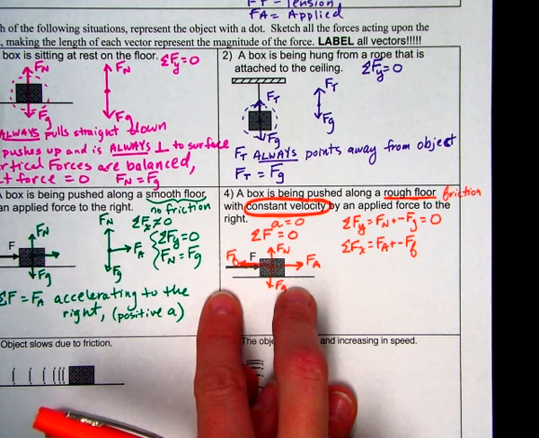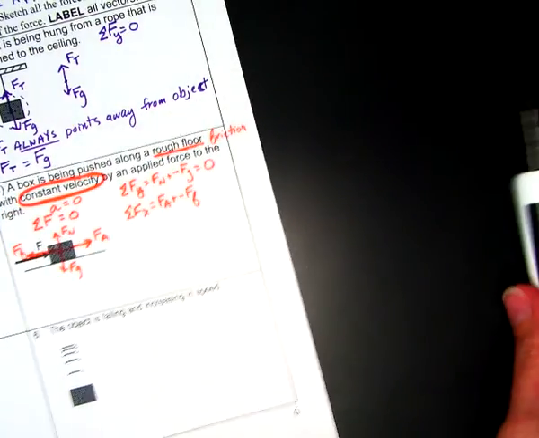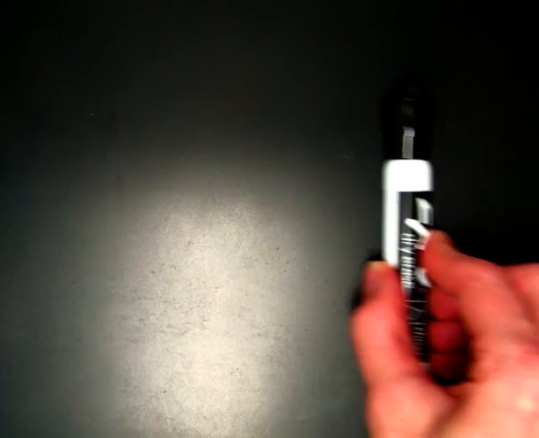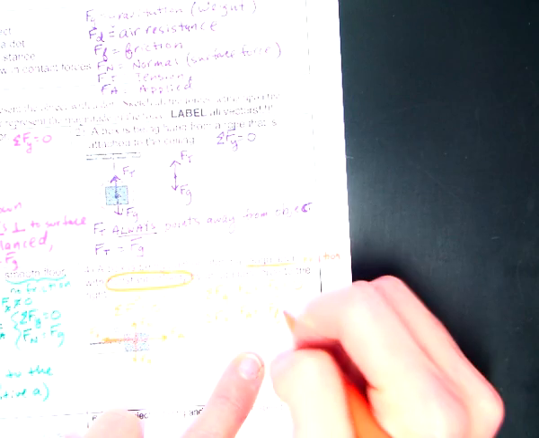I'm not getting faster. I'm not getting slower. So that would be me pushing this marker, right? There's friction, and I'm pushing, but I'm not changing speed, and that's because the friction and my push are the same value, right? But if I push faster, right, then my force is greater than the force of friction, and then it's going to accelerate. But if you're moving with constant speed, this net force is 0.